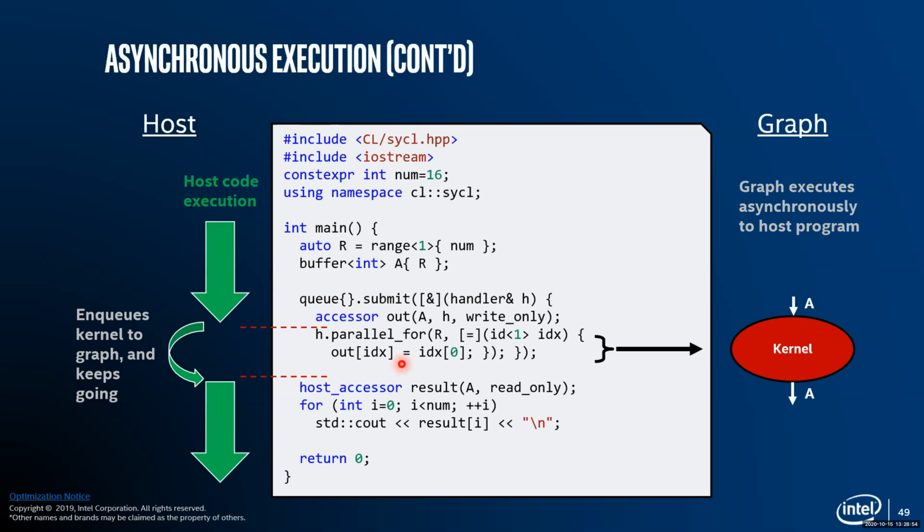And we created a host accessor to synchronize the data. Host accessor is a blocking call. We'll talk about that with the code snippet, but a host accessor is a blocking call that waits till all the enqueued jobs are finished, and then it fetches the results from the device to the host, and then we display the results.